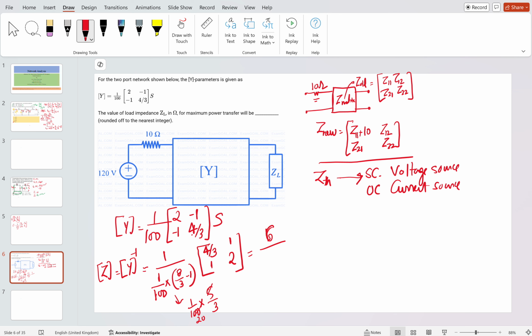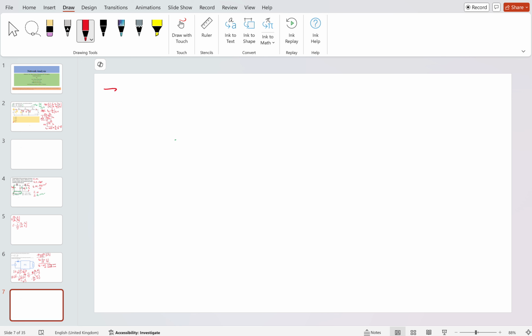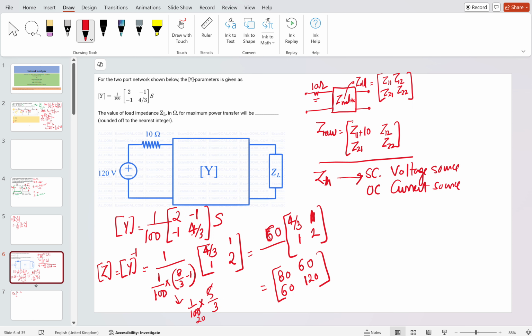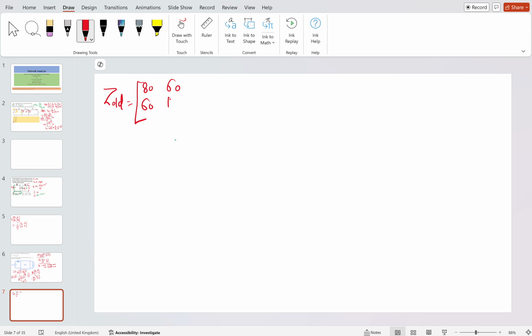So in the numerator it will come out to be 60, because it is basically 1 upon 60, and inside it is simply 4 by 3, 1, 1, 2. Multiplying this 60 inside, it becomes 80 here, 60 here, 60 here, and 120 here. So you have got the old Z as 80, 60, 60, 120.